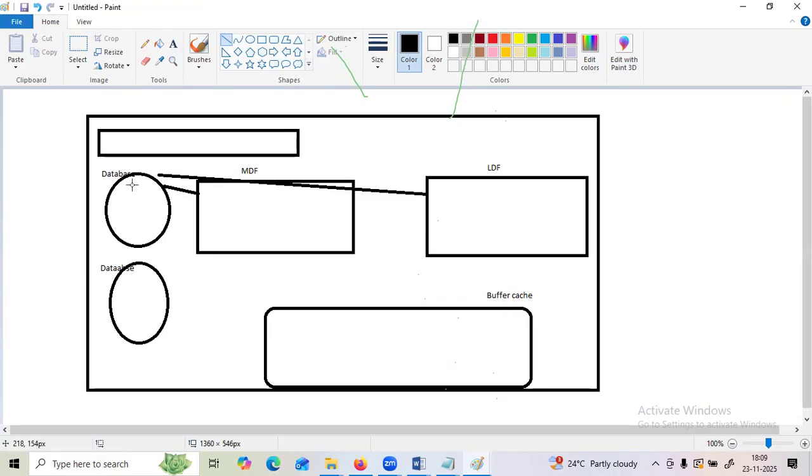Each and every database has one MDF and one LDF, and this one also has one MDF and one LDF.